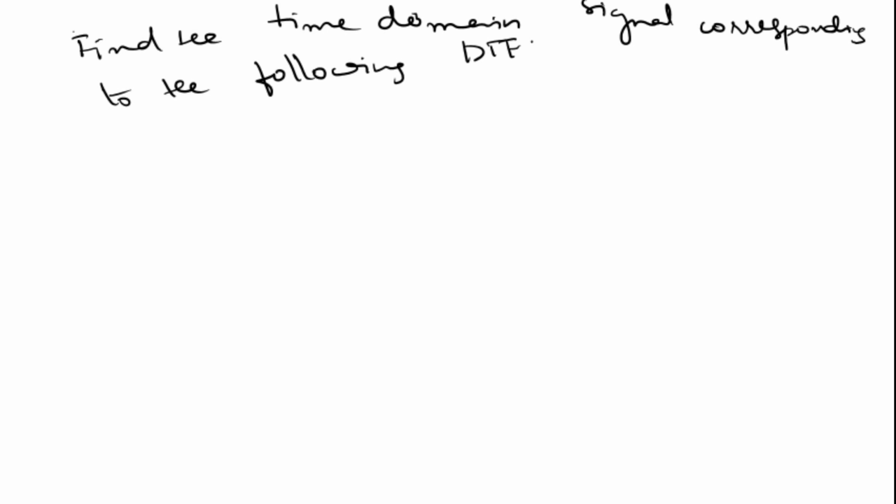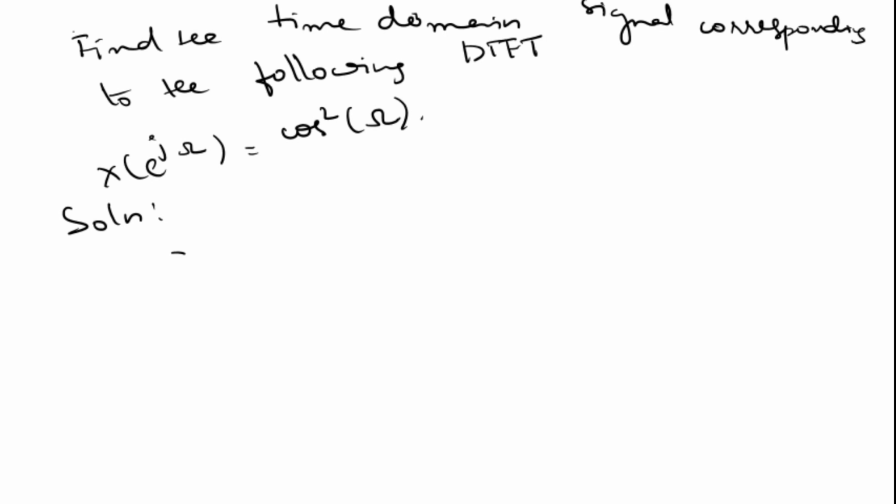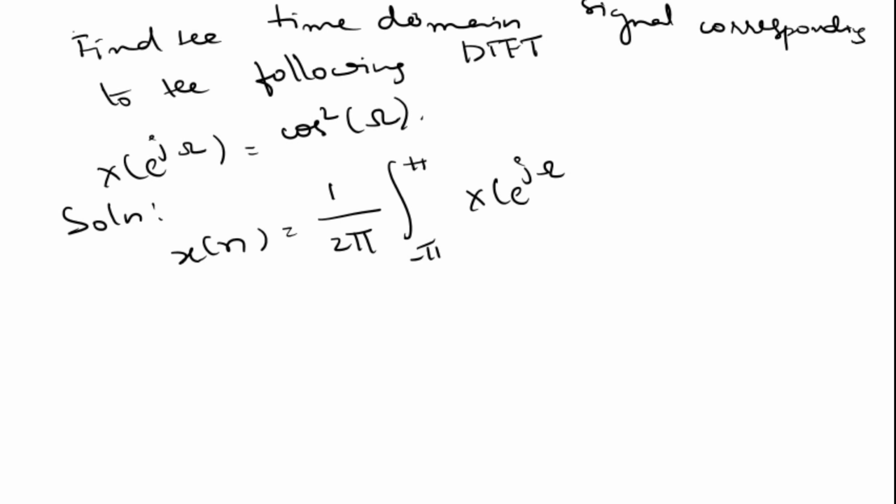It is given x of e power j omega equal to cos square omega. We know that x of n is equal to 1 divided by 2 pi integration minus pi to pi x of e power j omega into e power j omega n into d omega.